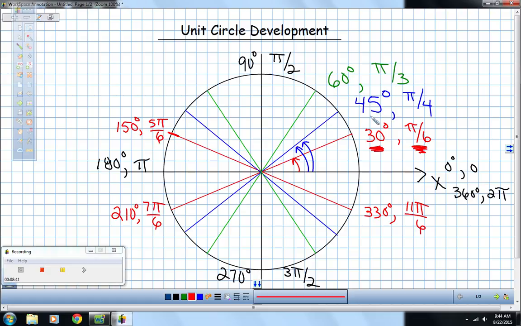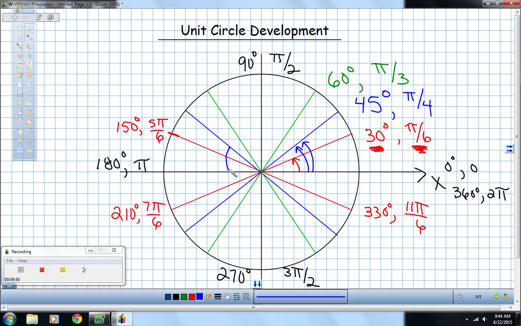Let's go on to the second quadrant. We're looking here at this blue terminal side, which we know is creating a 45-degree angle with the x-axis.